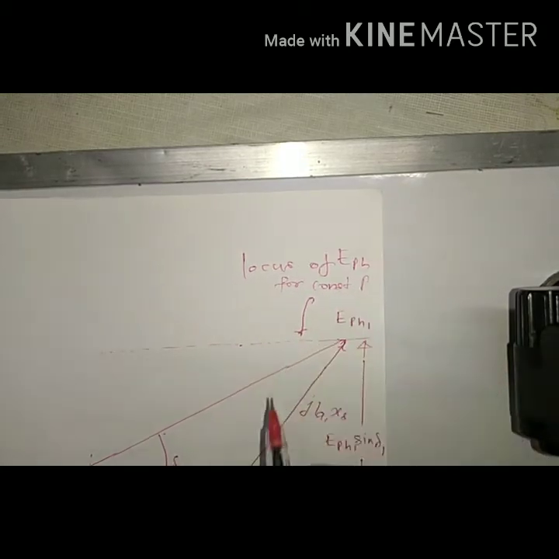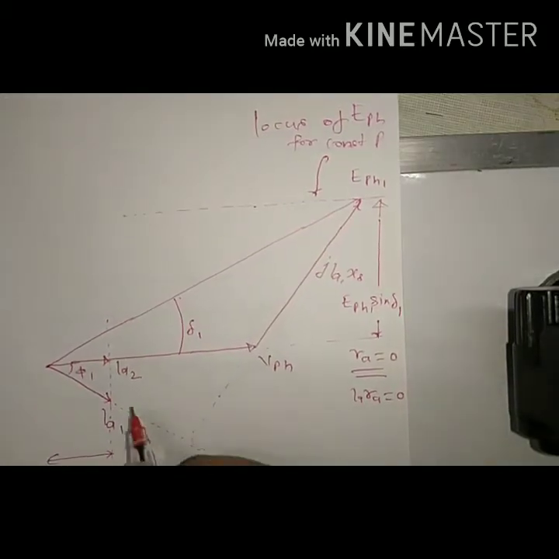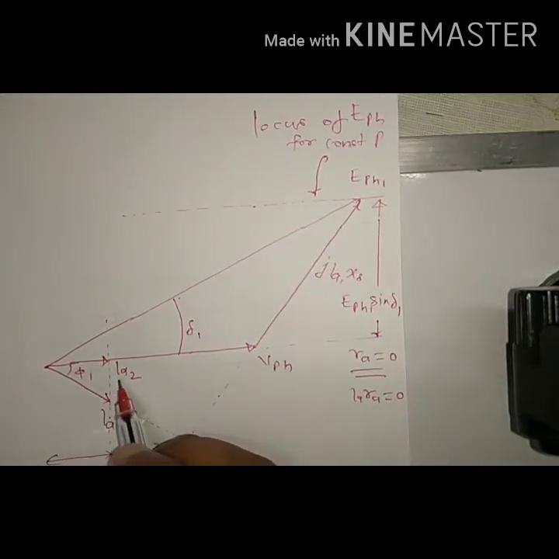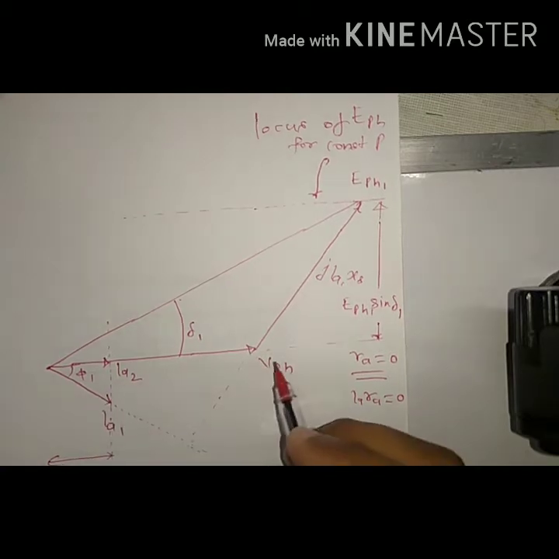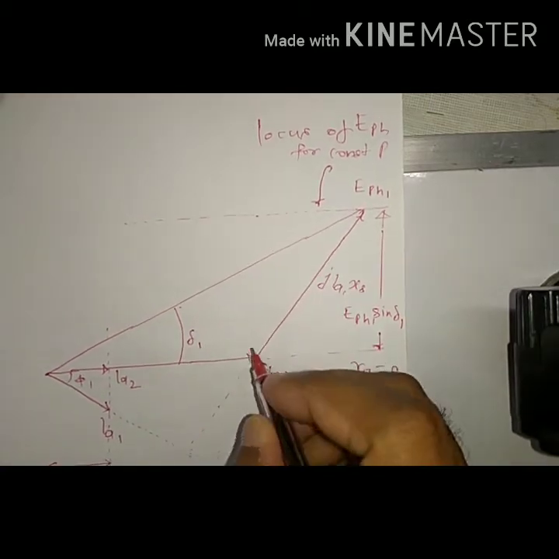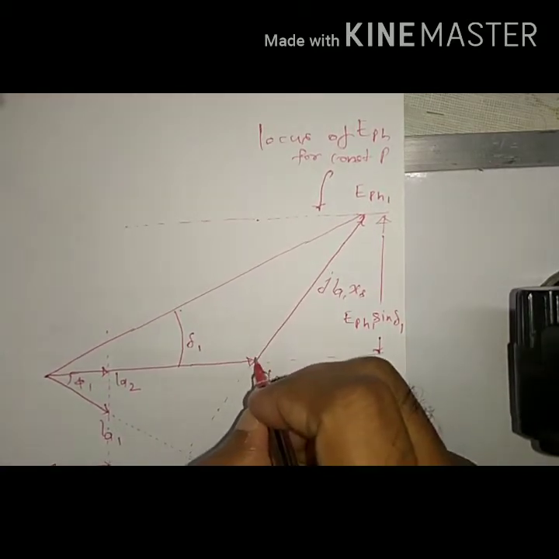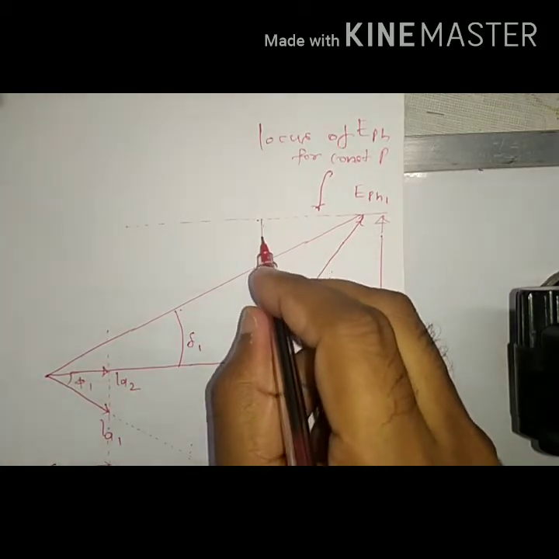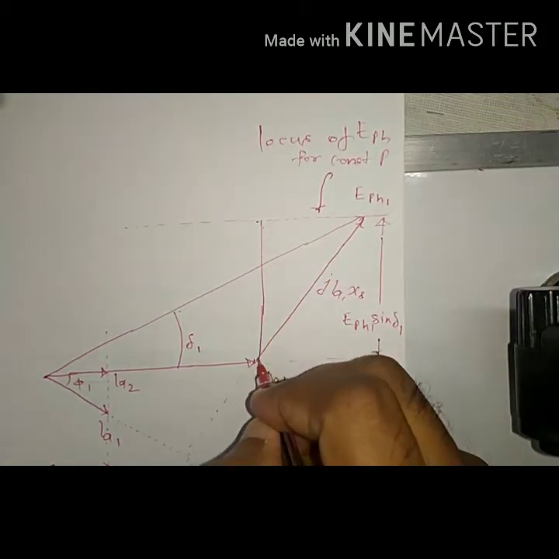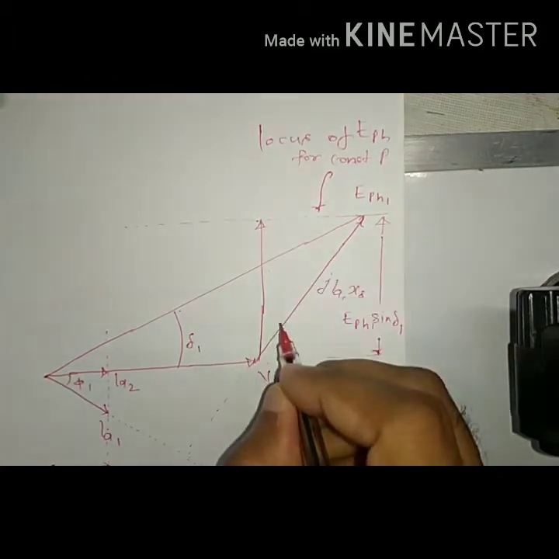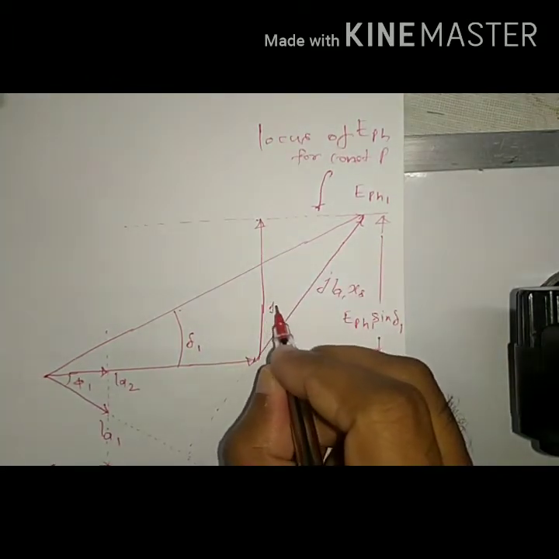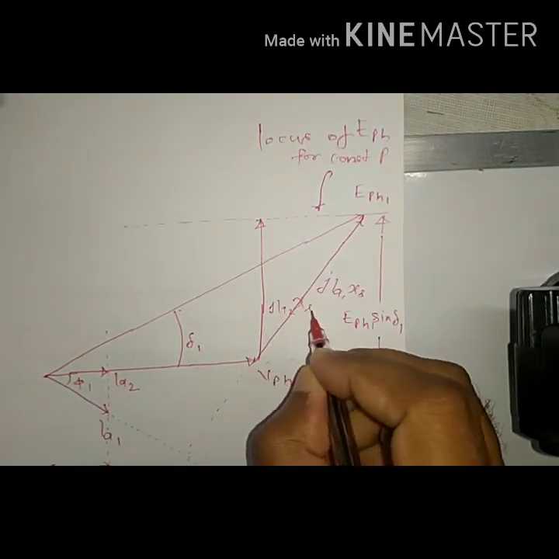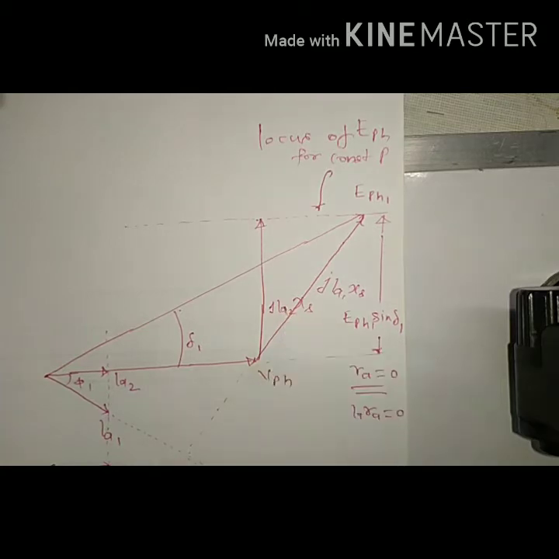Now, as I have taken unity power factor load, so I_A2 is here, so its associated I_A X_S drop will be here. So this is j I_A2 X_S drop, right?